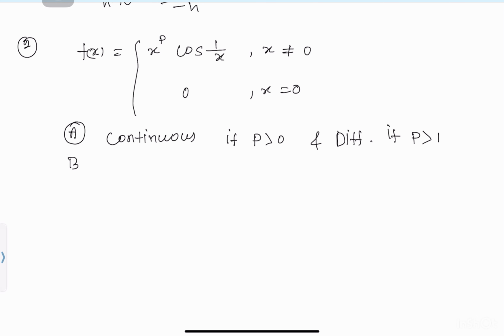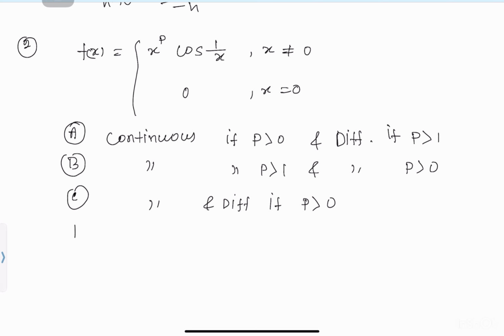Second option: continuous if p greater than 1 and differentiable if p greater than 0. Third option: continuous and differentiable if p greater than 0. Fourth option: none of these.